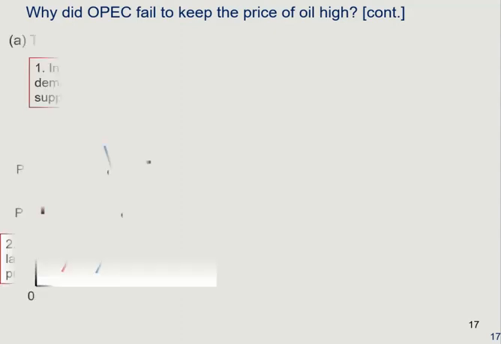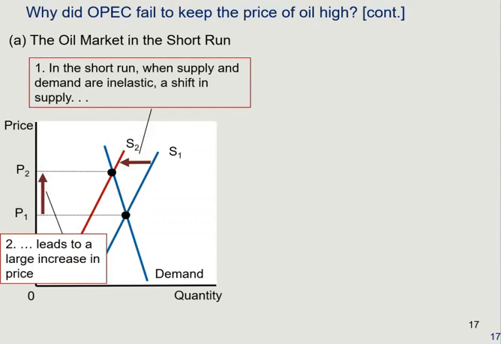All right, let's come back and do this. So in the short run, we believe that both supply and demand curves are going to be relatively inelastic. Now, why is it inelastic? On the demand side, because people take oil or oil-related products like gasoline as necessities, right?